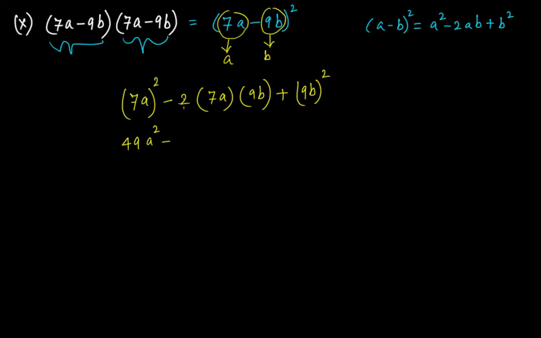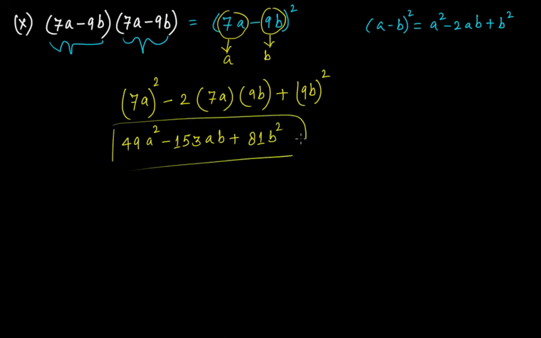This is minus 2 times 7 is 14, and 14 times 9 is 126, and this is ab, and 9 times 9 is 81. B multiplied by b is b squared. So this is your answer in this case.